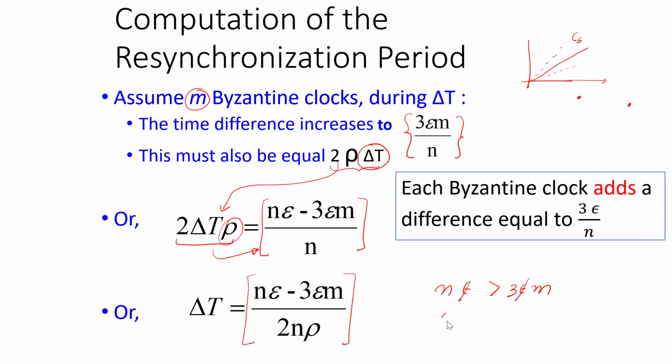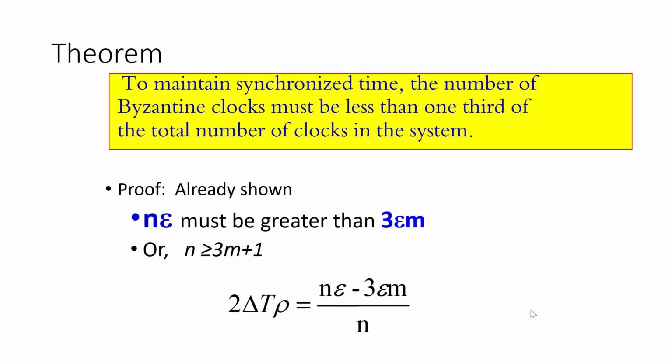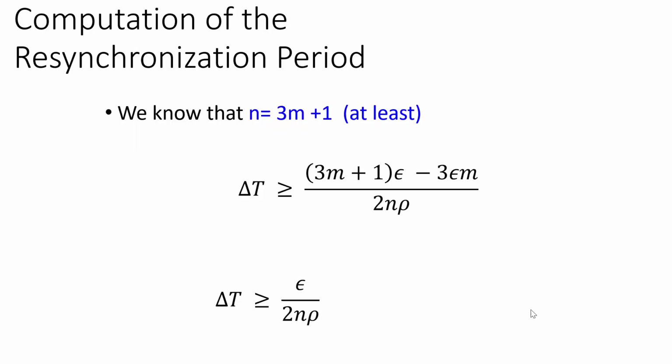So n has to be greater than 3m, or we can find that n will be greater than 3m plus 1. So 2 delta t rho will be equal to this. So given that n is greater than 3m plus 1, we will have this equation. We'll do a little bit of algebra. So this will tell us that the resynchronization interval, or delta t, should be greater than or equal to epsilon by 2n rho.